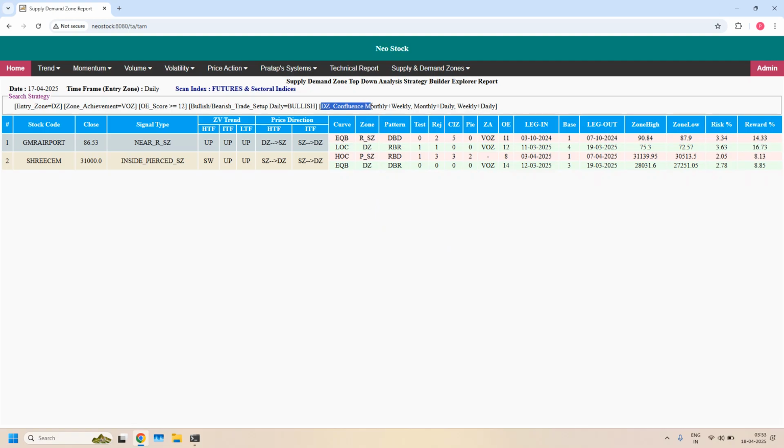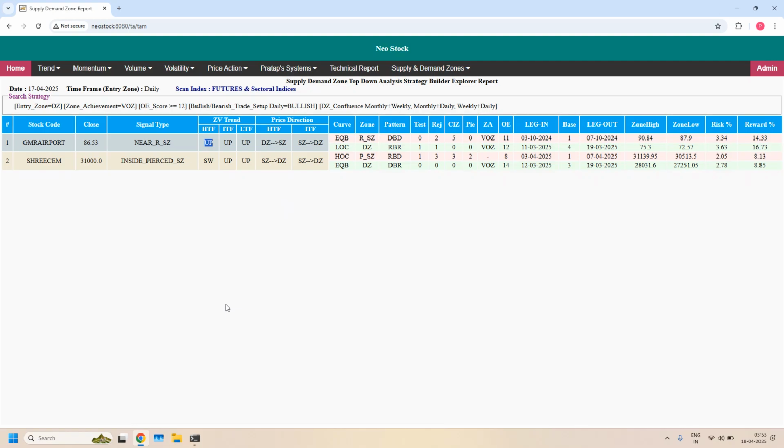See the demand zone confluence filter: monthly weekly, monthly daily and weekly daily, all 3. So they are overlapped with monthly. They might be having strong institutional order flow, but of the monthly demand zones, only this first stock is having an uptrend.